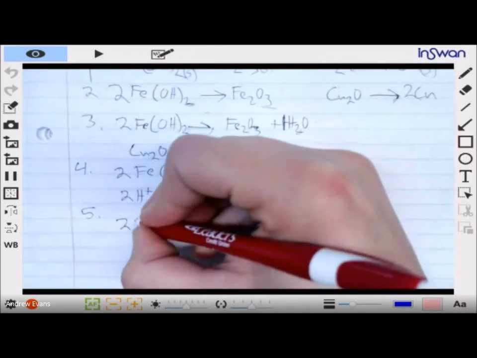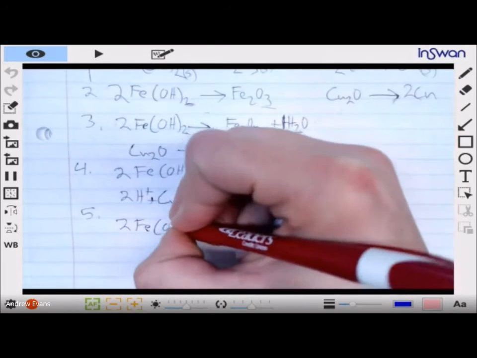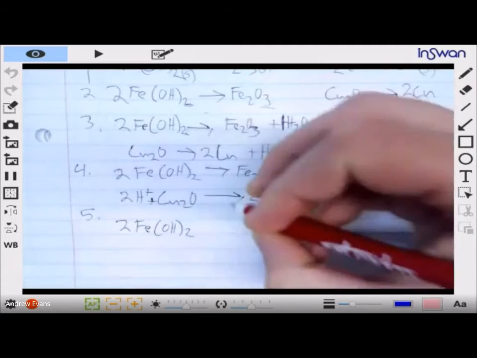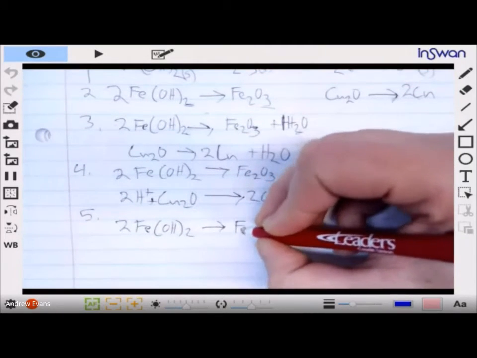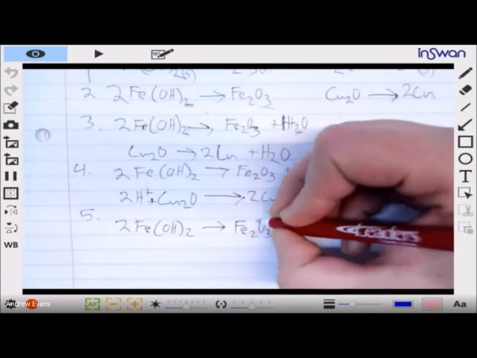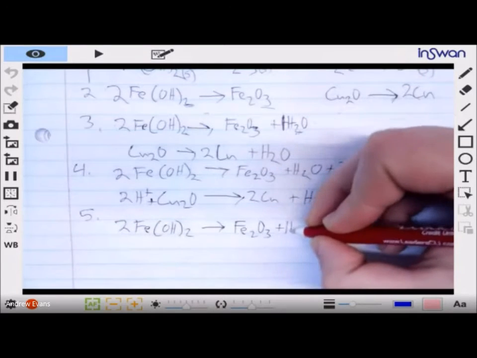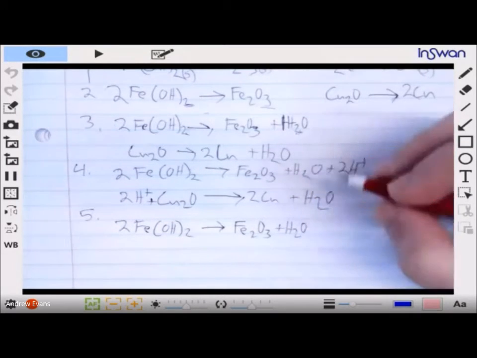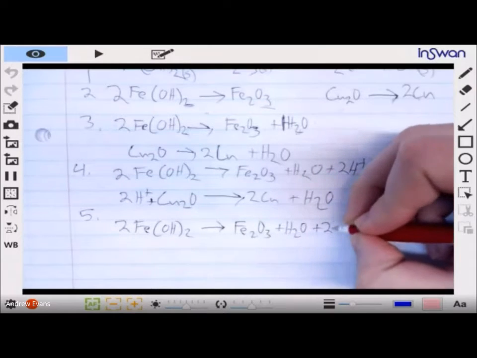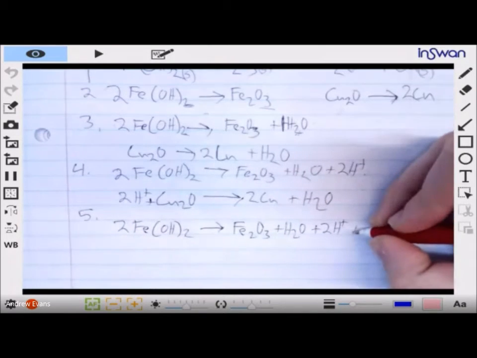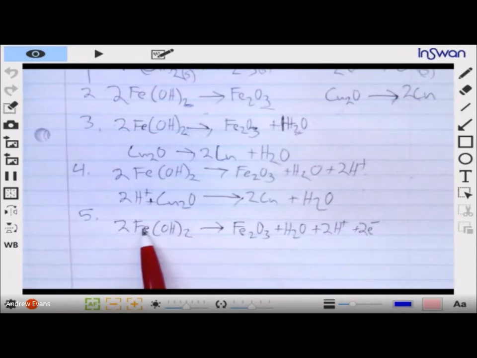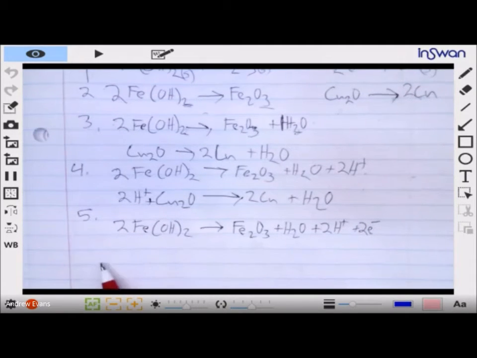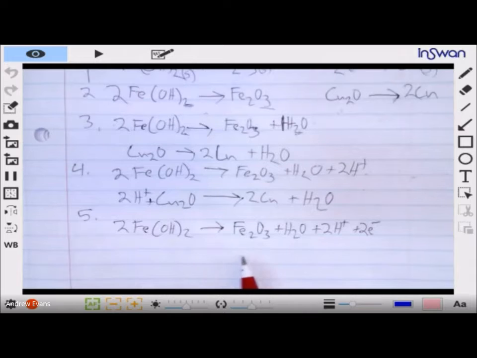Now, this is where I differ from the book. The book would suggest that you should find the charge of your metal, and then figure out how many electrons are lost by figuring out how the oxidation state changes. This goes from 2 to 3. It does it 2 times, so 2 electrons are transferred.